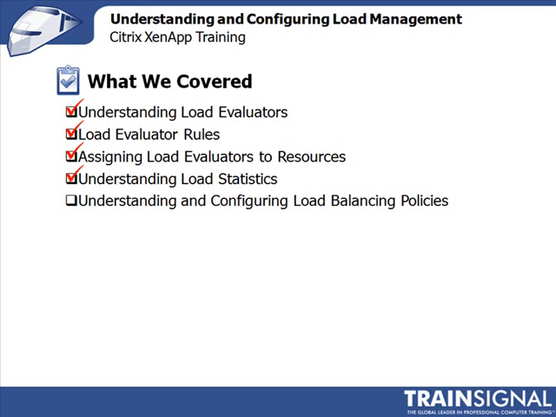So we did the qfarm /load, and we talked about the different numerical values and what they mean, and we went through the exercise of, well, we had XA01 showing 20,000 from a load perspective, and we determined that we had a group policy processing conflict that we didn't pay attention to that was not delivering the right value for the license server, and we fixed that, and then we did a GP update or rebooted the box, and we saw that the load started to go down, and we were able to bring it down to in the 5,000 range. Then we talked about the load balancing policies and what they mean.